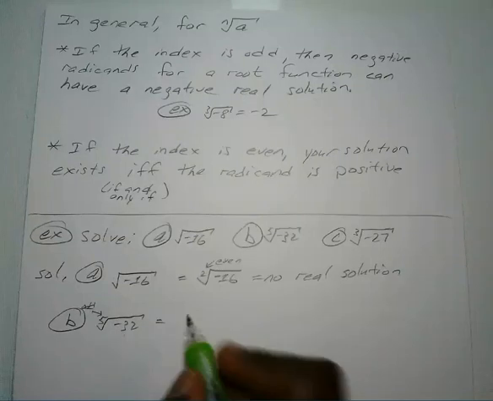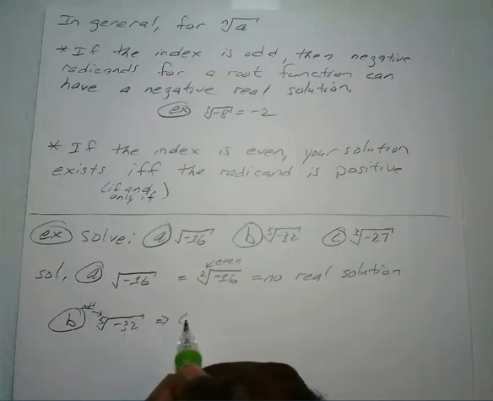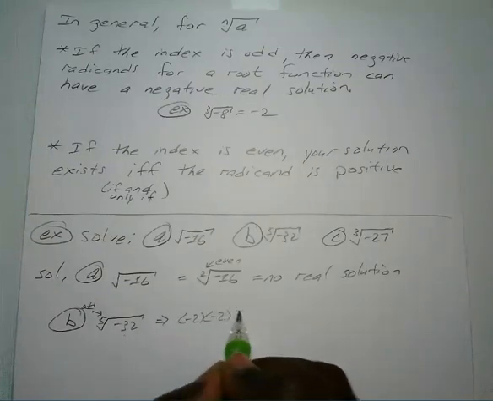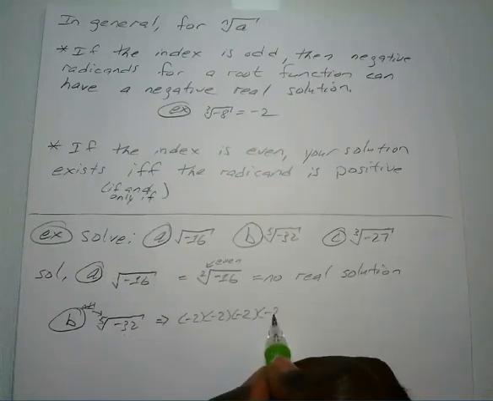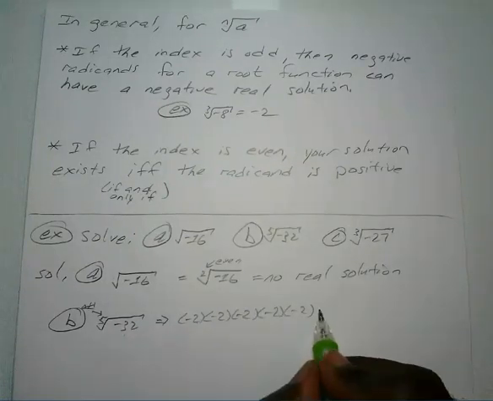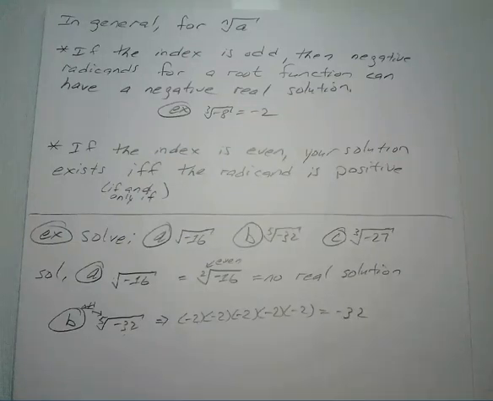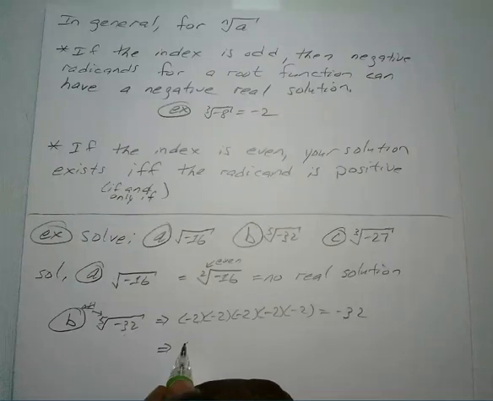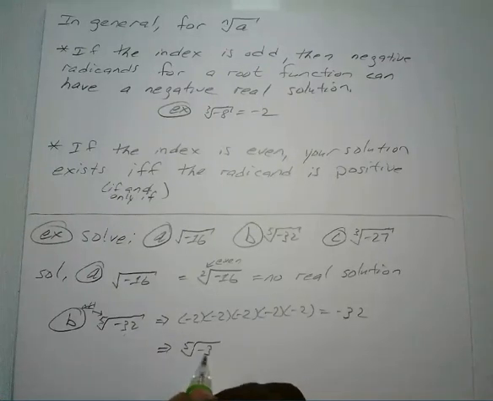We know that negative 2 times negative 2 times negative 2 times negative 2 times negative 2 is equal to negative 32. So negative 2 multiplied to itself 5 times gives us negative 32, which lets us know that the fifth root of negative 32 is negative 2.